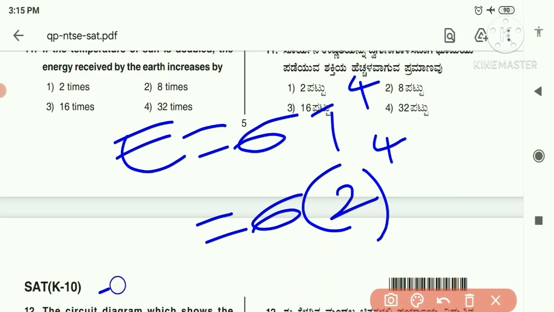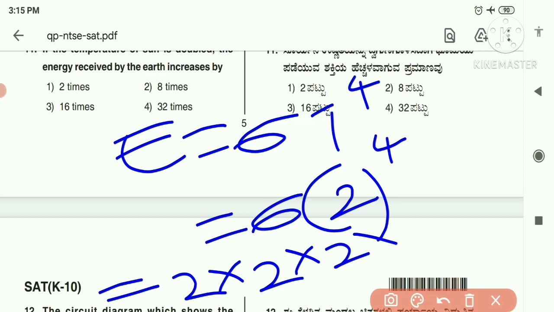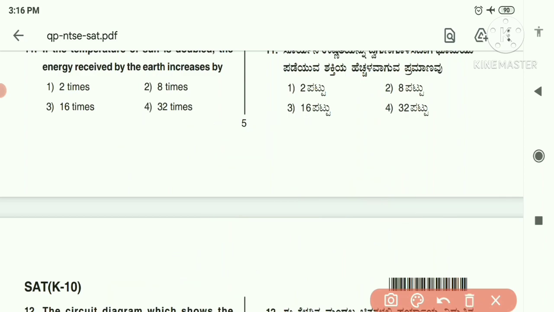So here you can write 2, 4 times. Okay, 2 2s are 4, 4 2s are 8, 8 2s are 16. So here it is 16 times, the earth will receive the energy 16 times. Okay, option 3 is the right answer, 16 times.